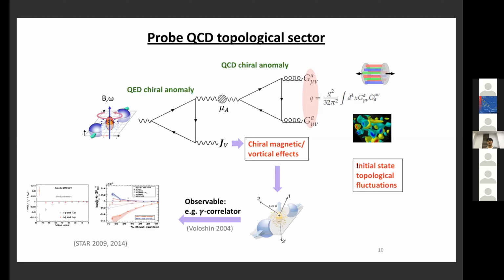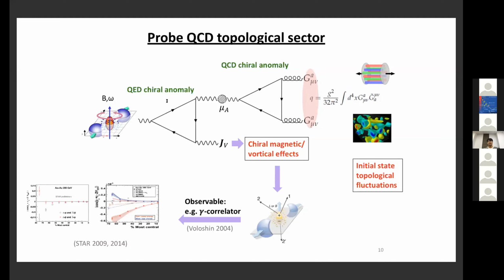For example, if there is an initial topological fluctuation which could induce some parity violating domains, then through the QCD chiral anomaly, those domains could generate some chiral imbalance of quarks through the triangle diagram.